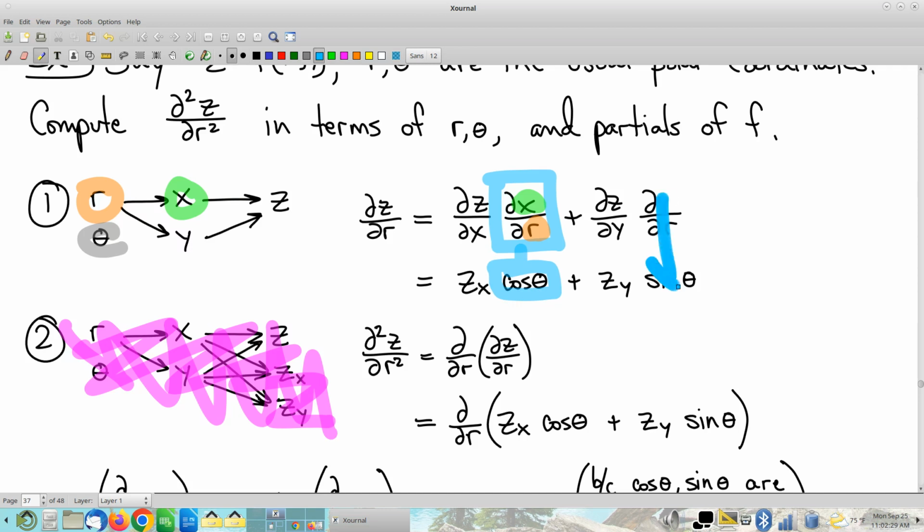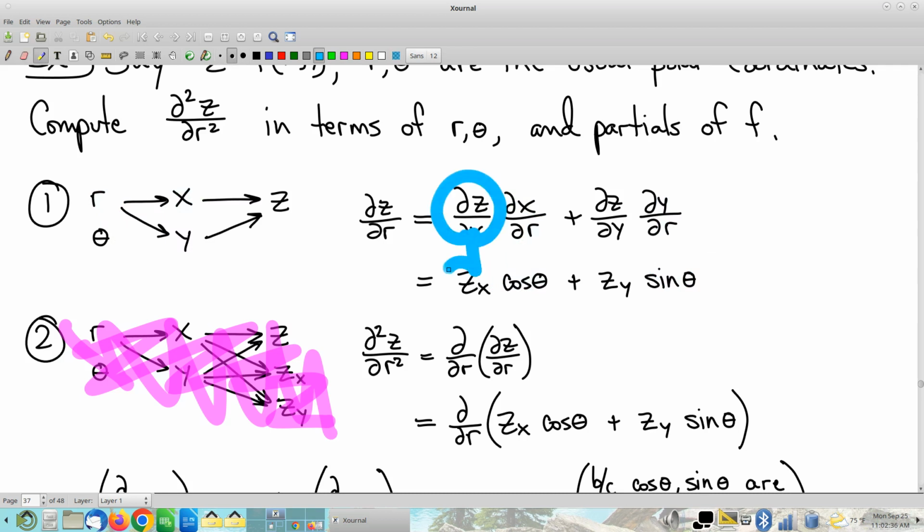Okay, similarly there. And then notice all I did otherwise here is rewrite the notation, partial of z with respect to x. Okay, I like this subscript notation instead. It's just a little easier right now. Okay. All right. So that was our first partial.